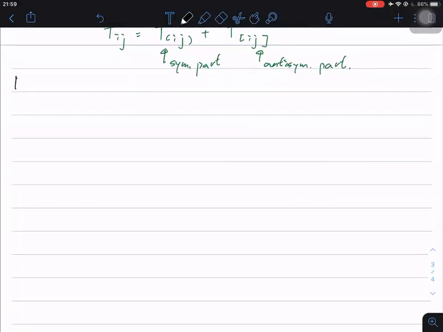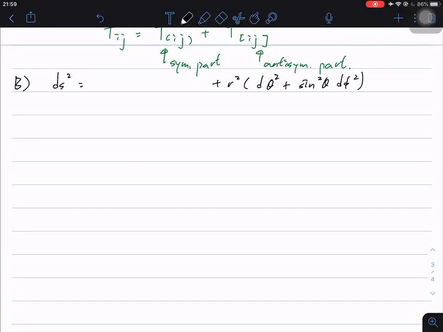Okay, for question B. For this question, it's basically testing you on some basic concepts of the metric. So in this question, you're given a line element ds squared equal to, well, for the latter part, basically the line element of the spherical coordinate.